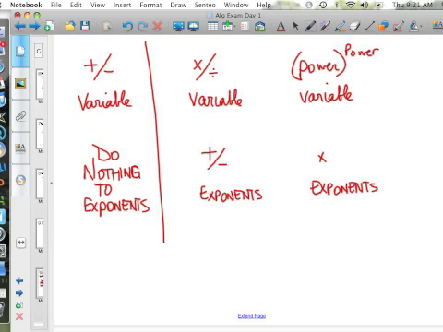When you multiply and divide variables, you add and subtract the exponents. When you raise a power to a power, you multiply the exponents. So if you look at the order here, I've got addition and subtraction moves on to multiplication and division. Here we start by doing nothing, we move on to addition and subtraction of exponents, and then we move on to multiplication of exponents. So there's a sequential order that follows. And I hope this helps you just to remember, instead of trying to remember a rule verbatim that makes no sense to you.